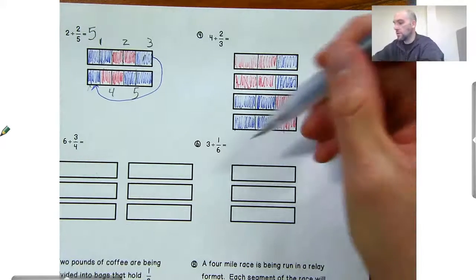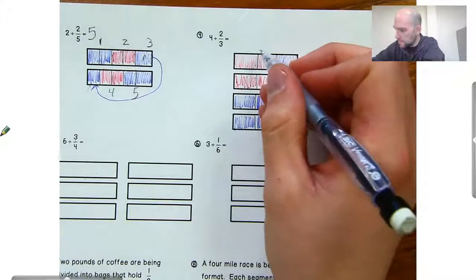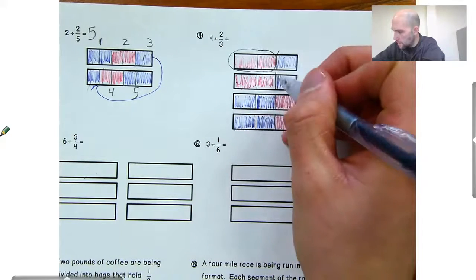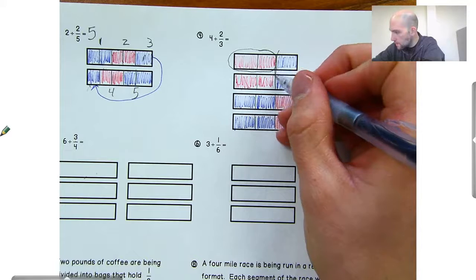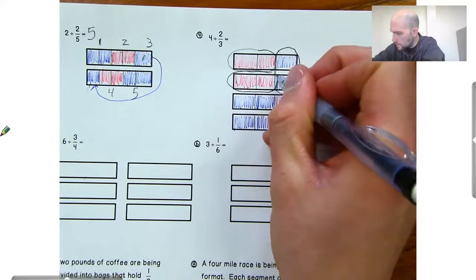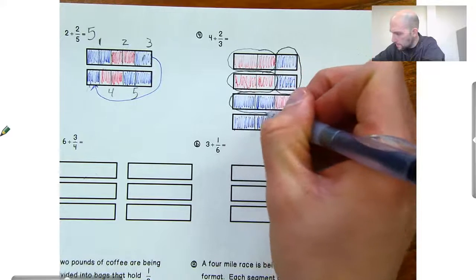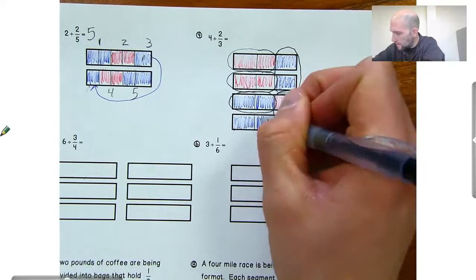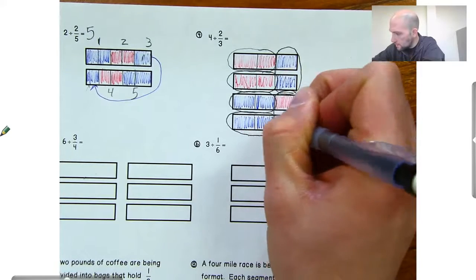All right, and I'm going to circle my 2/3 pieces because they're not all right next to each other like they could be. Here's 1. Here's 2. Here's 3. 4. Here's 5. And here's 6.